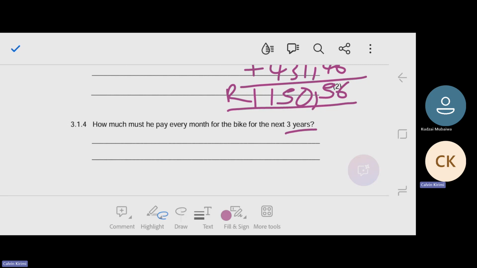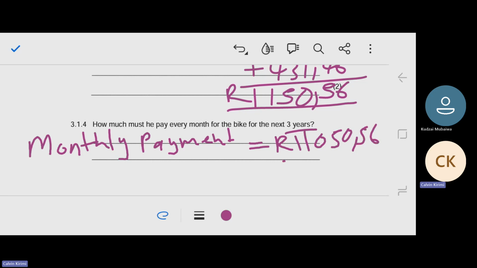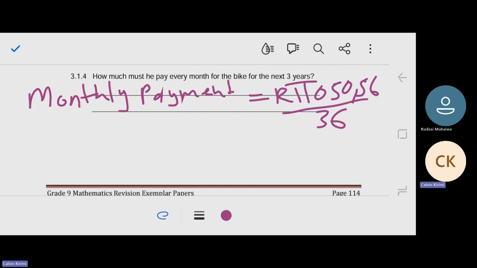So you must know the monthly payment. 1,150.56, you divide by what? By 36. The answer is 31.96. 31 rands, 96 cents.